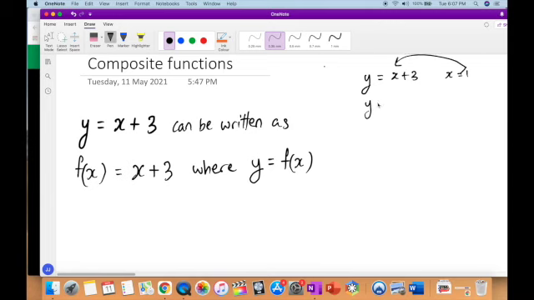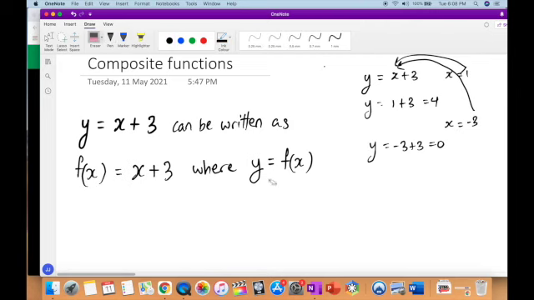That is all. So that is 1 plus 3, that is 4, yeah? Or if they say substitute x is negative 3, we just take the negative 3 and put it where x is, right? So now we get y is equal to negative 3 plus 3, which is 0, right?